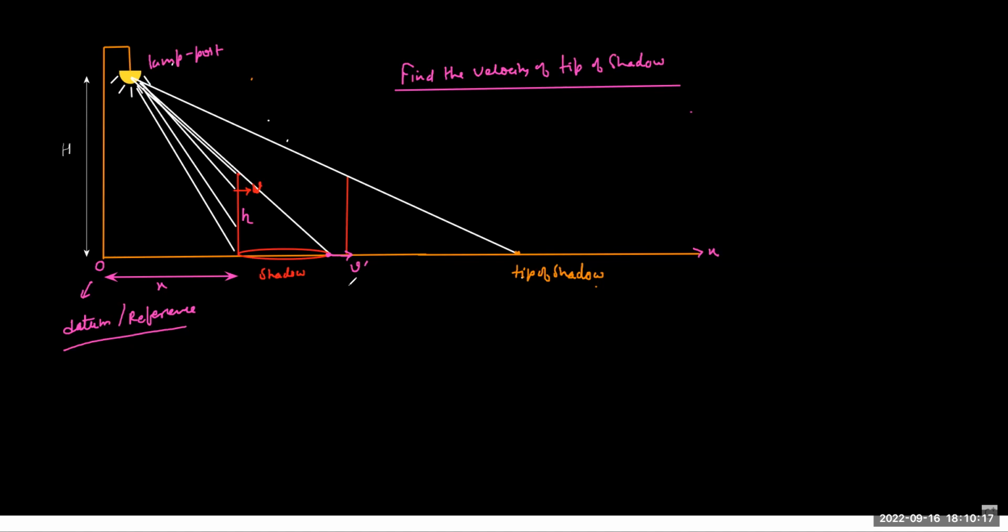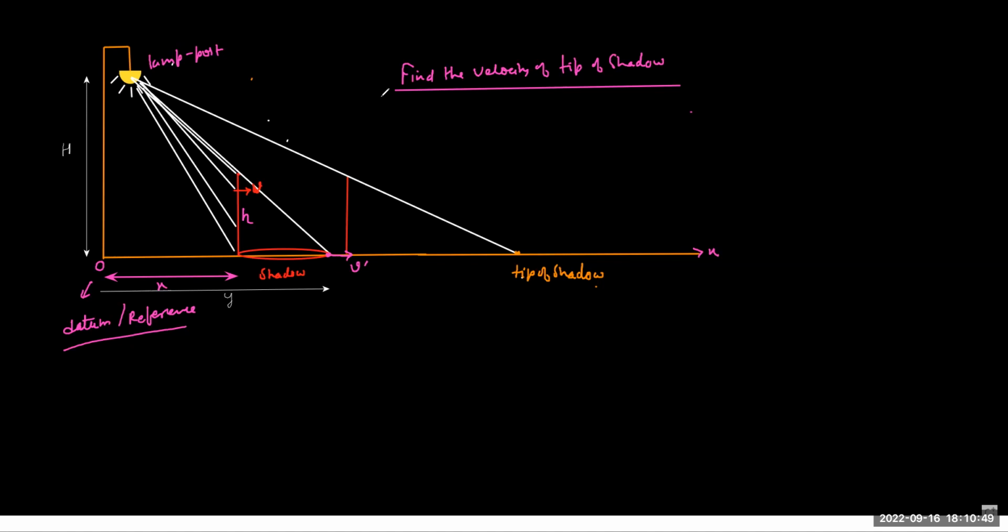First of all, to proceed, you have to assume some variable from the reference. So the tip of the shadow is how far from the reference? Do we know? We don't know. So let's assume some value. Let's call the distance from the datum to the tip, because the tip is at unknown location, we need to choose some reference value. Let's call it y.